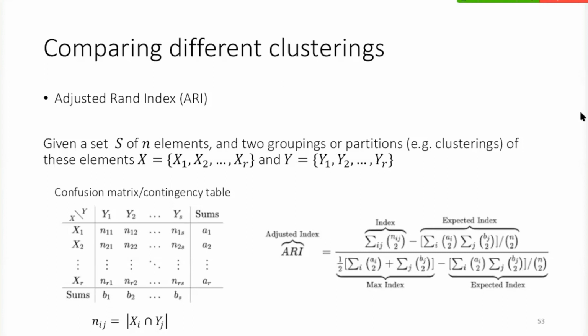So how many elements in Y2 are also in X1, for instance? It's easy to calculate. I think even in R there is a function to give you a confusion matrix immediately. And then you apply this not so complex equation to get the adjusted Rand index. It's a value between 0 and 1. If you have 1, that means that these clusterings are identical to each other. If it's 0, that means that these clusterings are vastly different from each other.